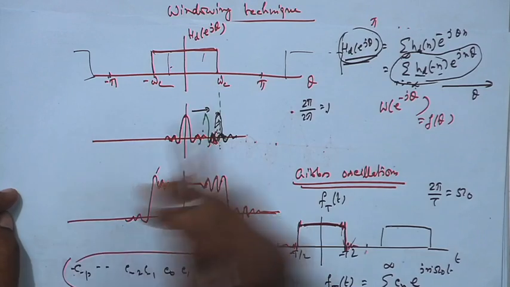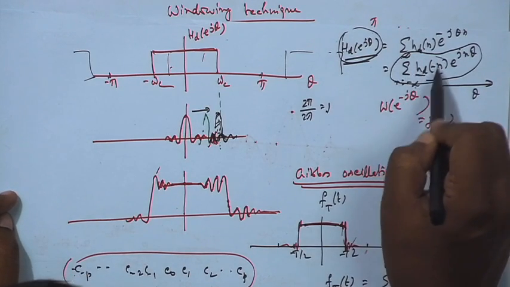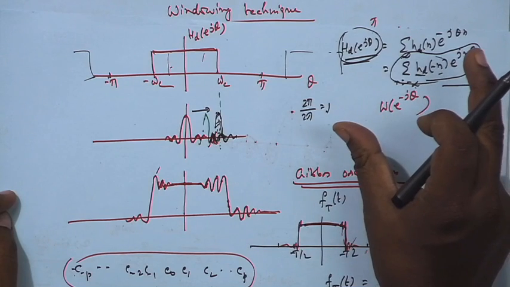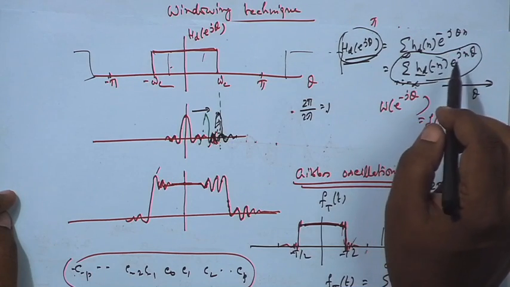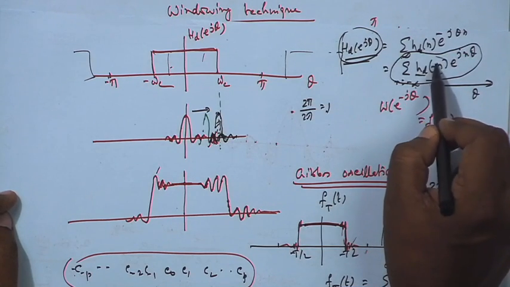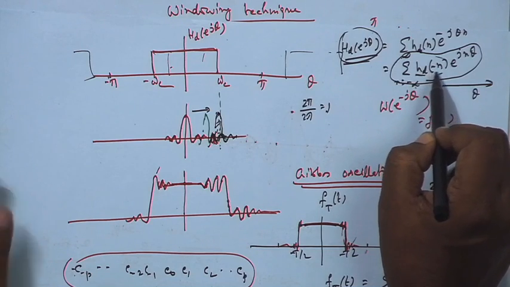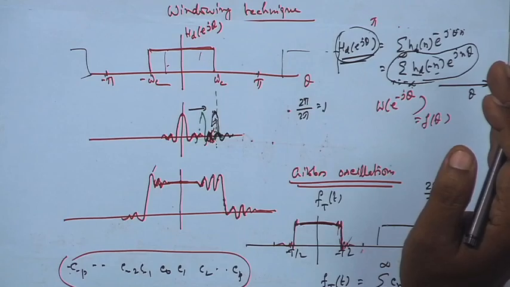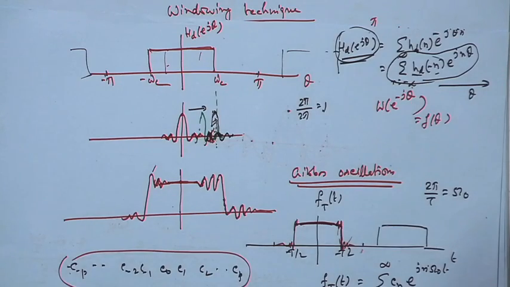Now, in this filter design, from the desired HD 0, HD 1, HD 2 and so on, HD minus 1, I am selecting only a few, HD 0, maybe HD minus 1, HD minus 2, like that, and I am throwing away the others.